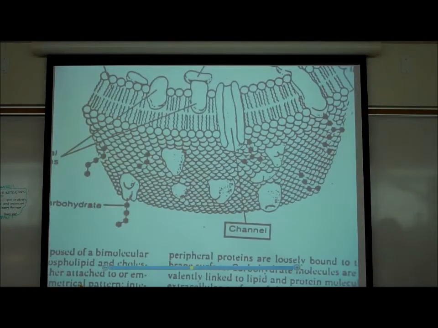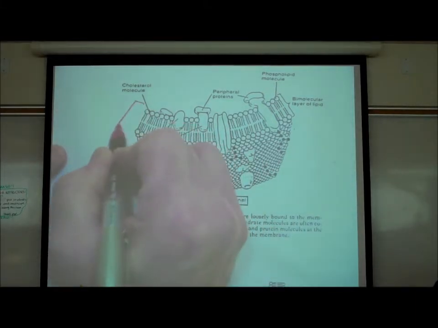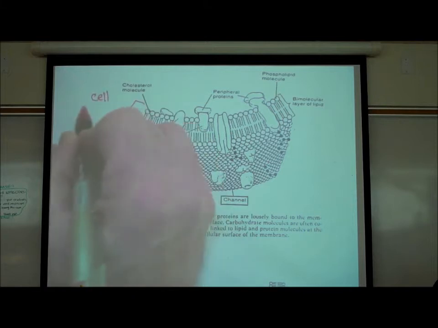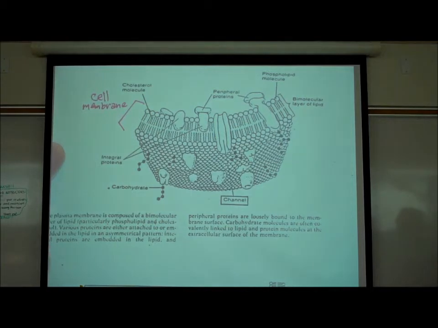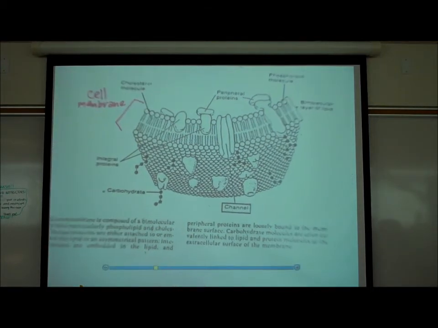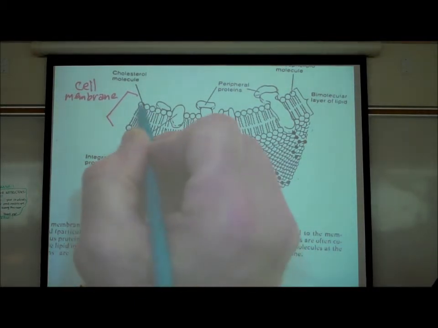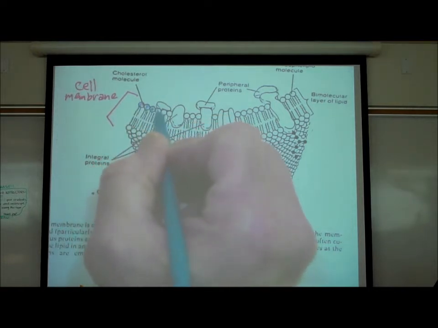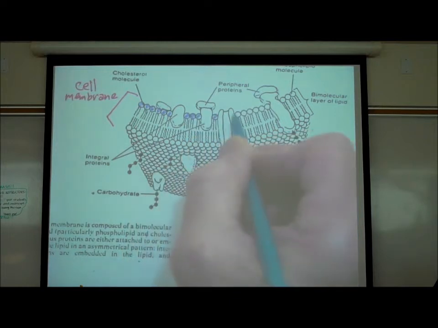So, what we are looking at is the molecular structure of a cell membrane. So, this is the cell membrane. And the cell membrane is basically made up of two types of molecules, largely. It is made up of a double layer of what are called phospholipids. I said double layer.